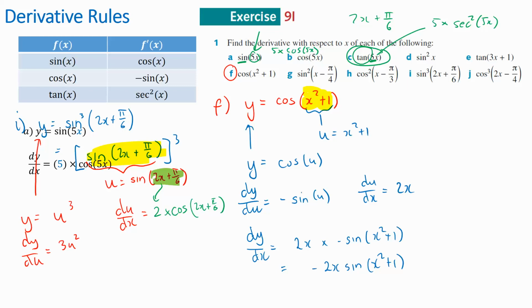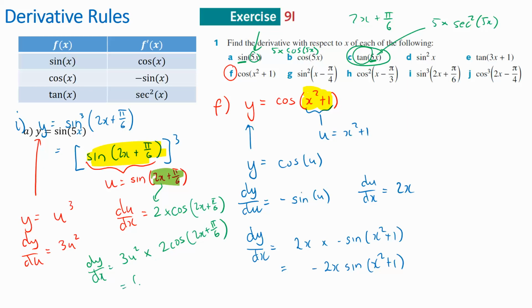Okay? So now, putting them both together, you got dy/dx has to equal 3u squared multiplied by 2, du/dx, which is 2 cos of 2x plus pi/6. Okay? U squared, we know u was replaced with sine, so it looks messy here, but this is your answer.